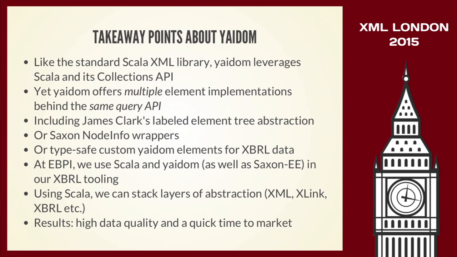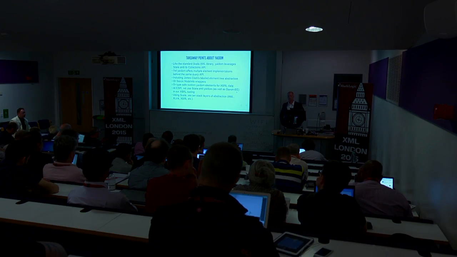And at EBPI, we use Scala, Saxon EE, and yaidom, where yaidom to a large extent is a bridge between the two. And of course, like I said, with Scala we can stack layers of abstraction. So that helps in having a choice between writing validations at a higher level of abstraction or a lower level of abstraction.